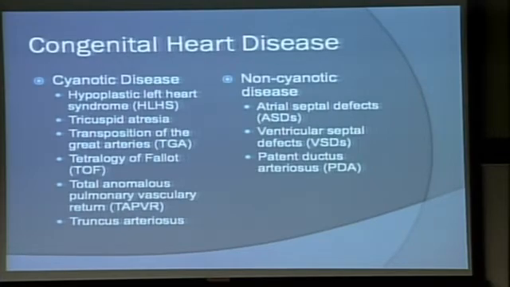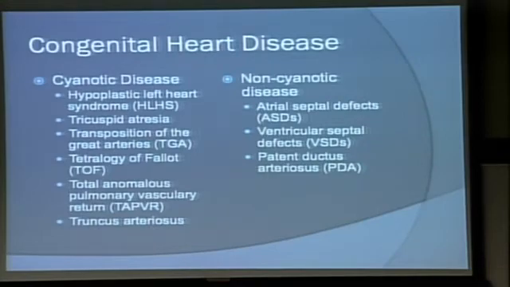Okay, well, let's talk about the heart diseases. We get two flavors of heart disease. Cyanotic heart disease, in other words, they are cyanotic at rest, which means they're mixing unoxygenated blood with oxygenated blood, and so the problem is something at the level of the heart mixing the blood.